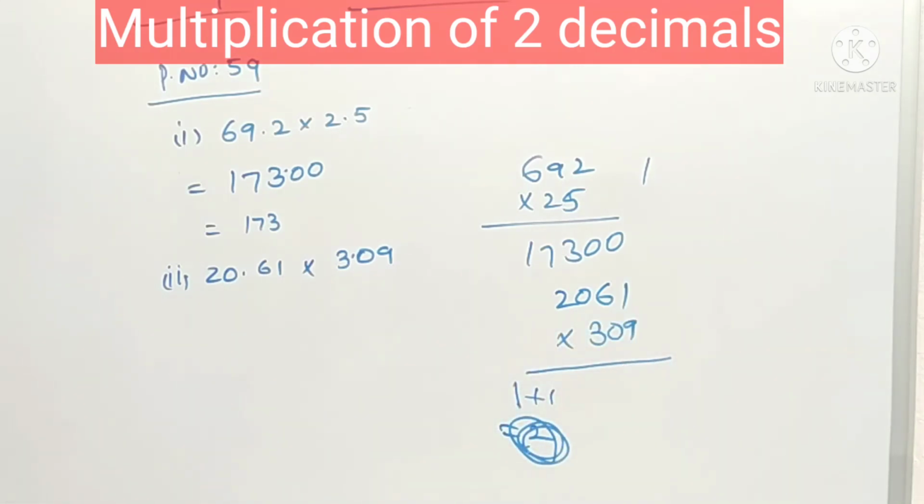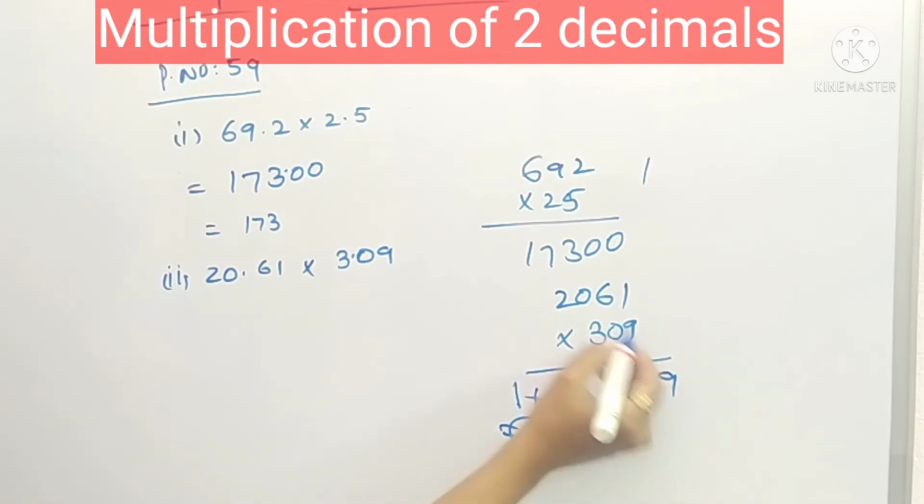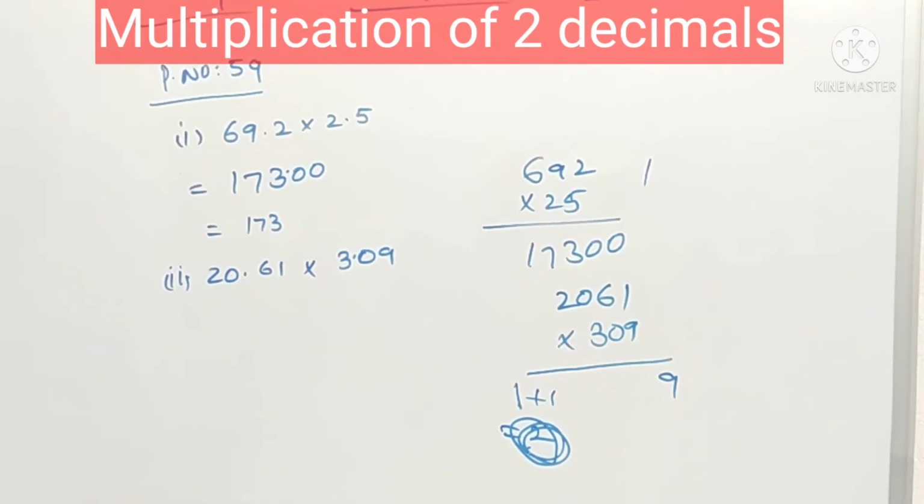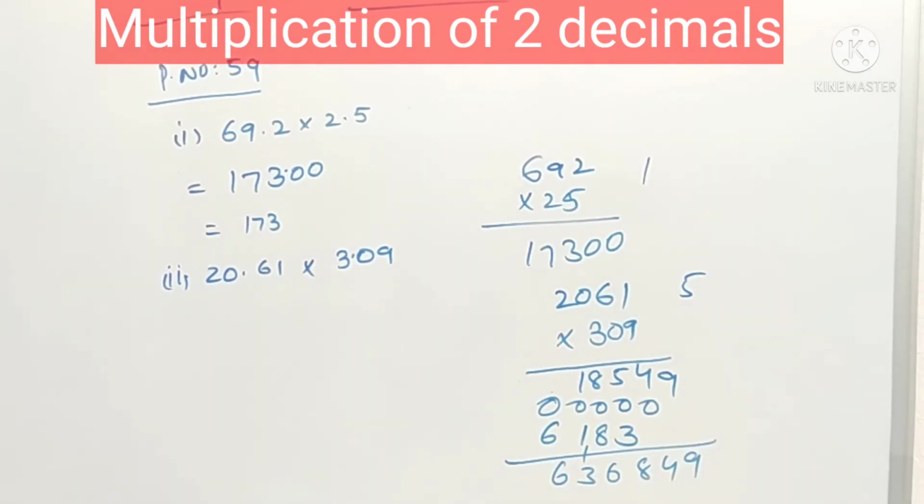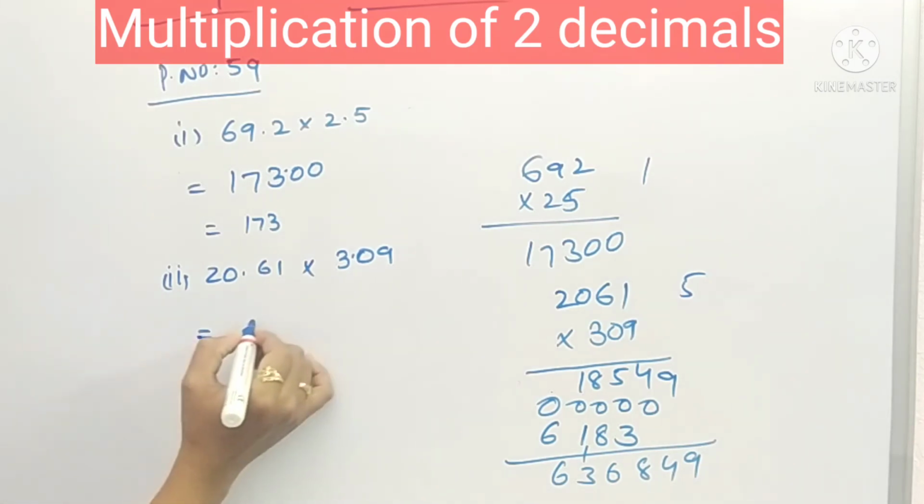Already you have done so many multiplications in your 5th class like this, right? So same, now you multiply. Okay, it's a waste of time, so that's why I am not explaining multiplication. So after multiplying you will get 6,36,849. Write as it is.